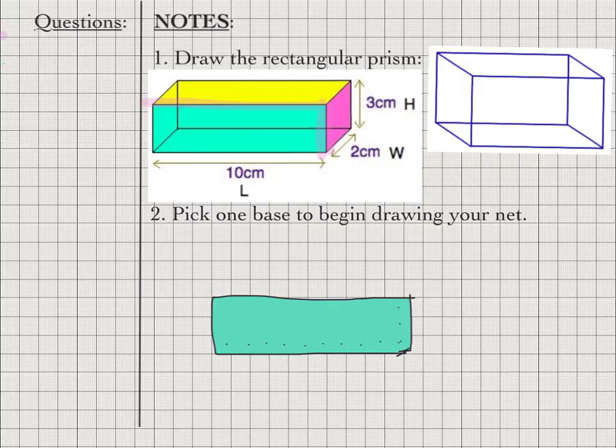And then I'm going to connect. And I'm going to fill that in as well with the yellow color. So now we have 2 of our faces drawn, and we want to move on to the next 2, or the next one.